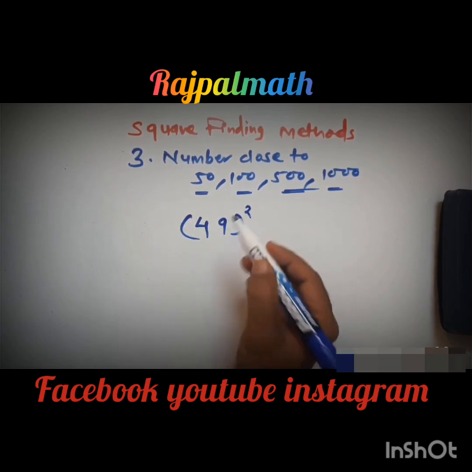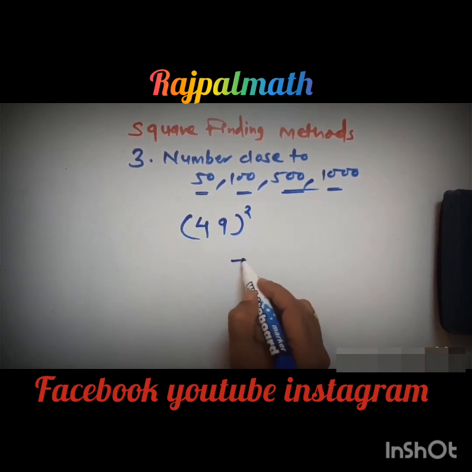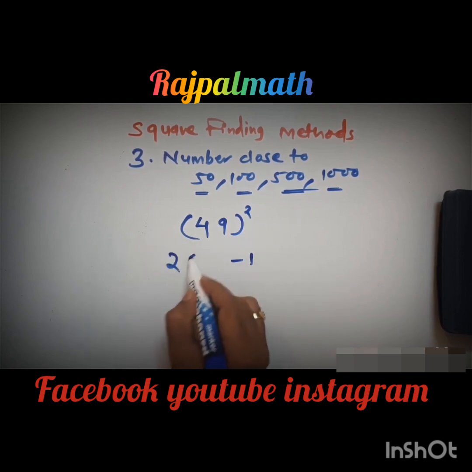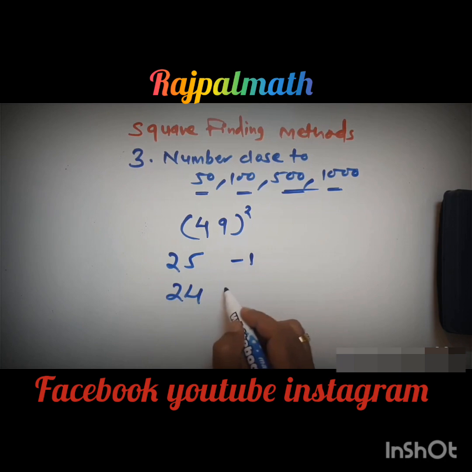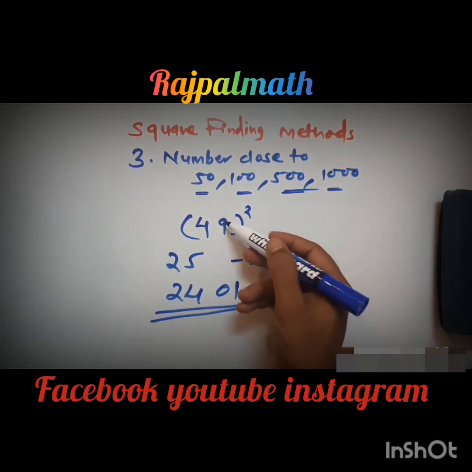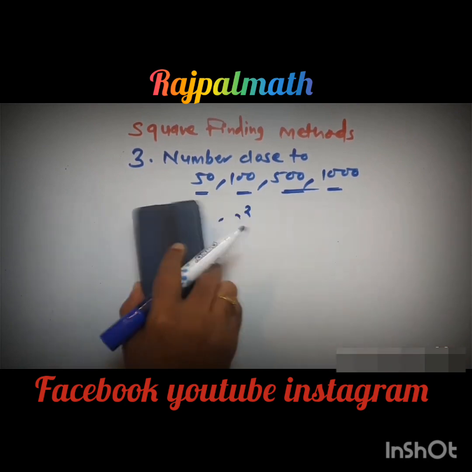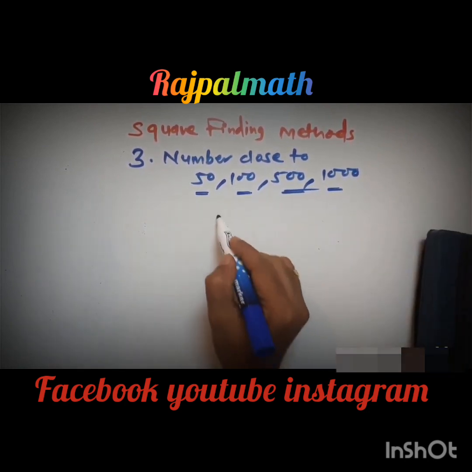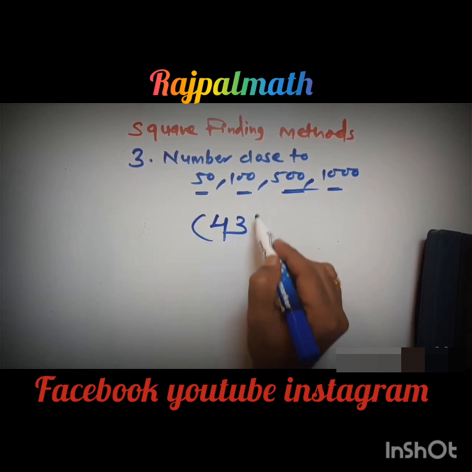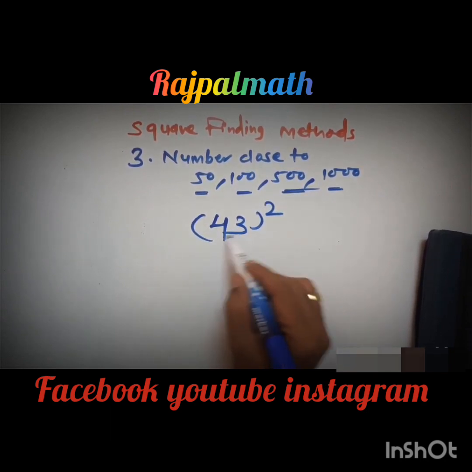So 49. 49 is 1 short of 50. I'm writing 25 here. The same method, 25 minus 1 is 24, and square of 1 is 01. So 2401 is my answer. You can see, just by looking at a number, I can really write down the square. So another example, 43 square. So 43 is 7 short.